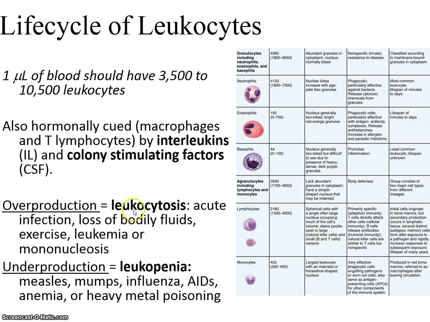The only thing I really am going to ask you to know specifically is, as I've mentioned before, that leukocytes and their production are controlled by interleukins and colony-stimulating factors, which are types of cytokines. If you produce too many, the term is leukocytosis. If you don't have enough, it's leukopenia. And then I give you a variety of reasons that this might occur.